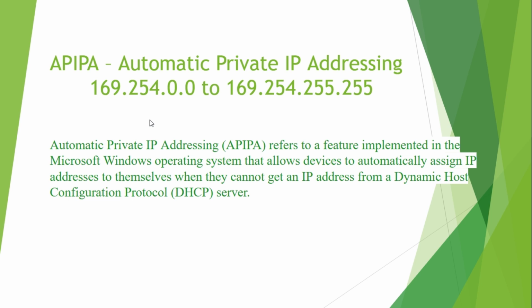So just remember that. APIPA is literally a preliminary temporary IP address that is automatically put into the computer so you can connect with other devices within the local area network.